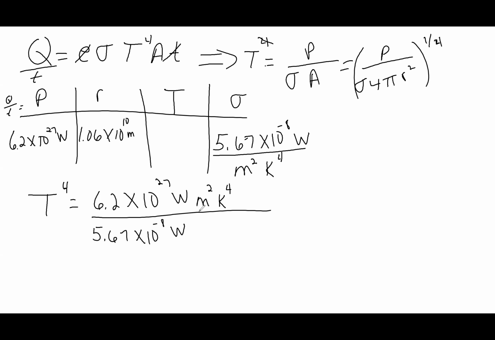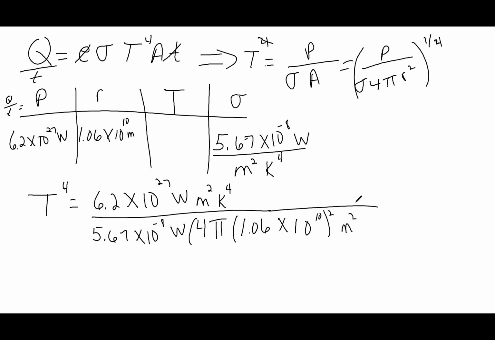And the area, the cross-sectional area, is 4 pi r squared, and r is 1.06 times 10 to the 10th, and that's to be squared, in meters squared.